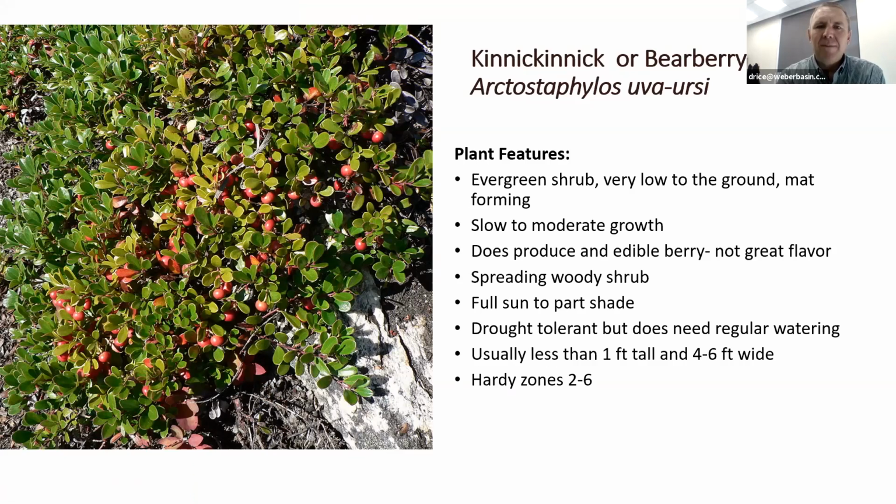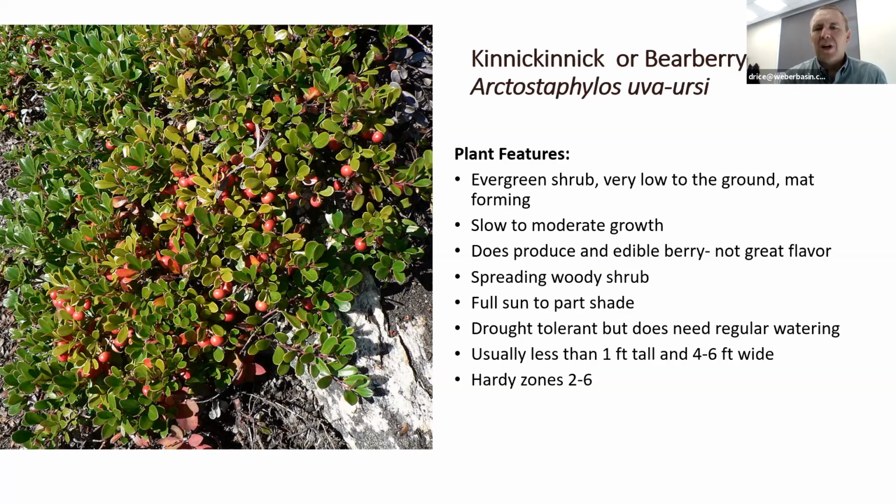Kinnikinick or bearberry. So this is a great little prostrate, low to the ground evergreen, mounded, moderate growth. This stays fairly short, about a foot tall and 4 to 6 feet wide. We've got several of these in the garden. So if you were interested in coming, it does flower in the spring, very insignificant, not super showy. If you know when they're flowering, you can identify the flower. It's very small, but then it does end up producing a little berry.